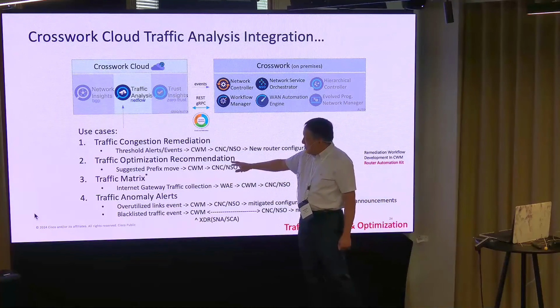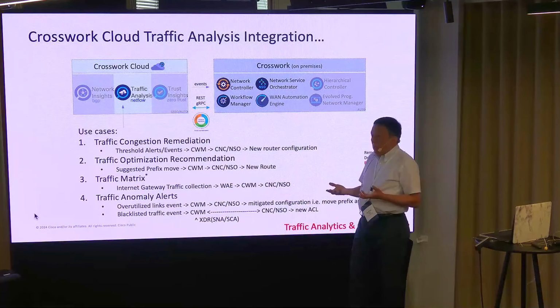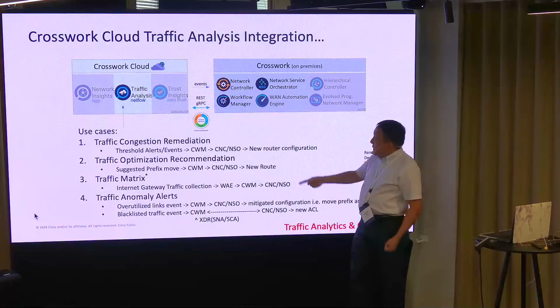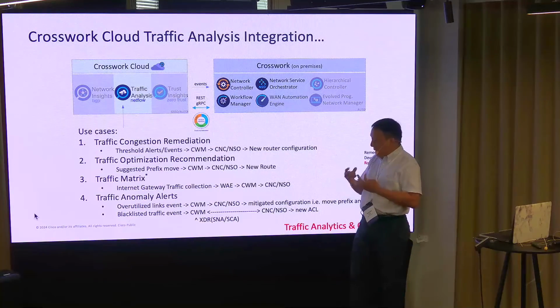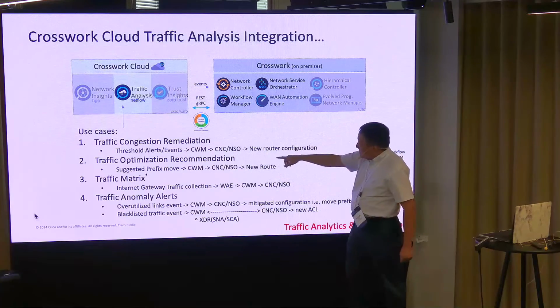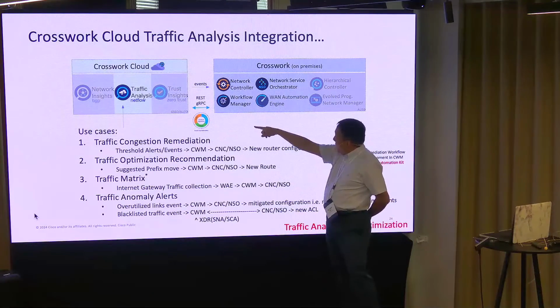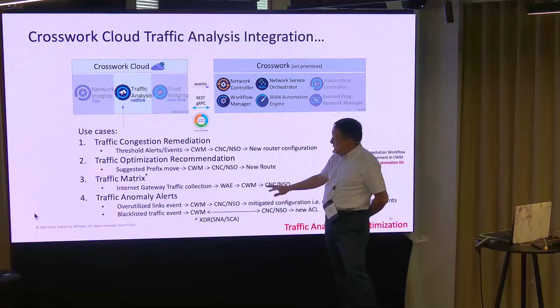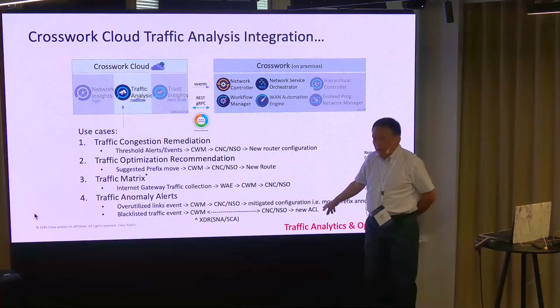Right? Optimization recommendation. In case a particular interface is running hot, within traffic analysis we can integrate recommendations to say move some traffic based on these prefixes to reduce the utilization level, and so on and so forth. And then using the traffic matrix from traffic analysis to help the WAN Automation Engine, and of course anomaly alerts.